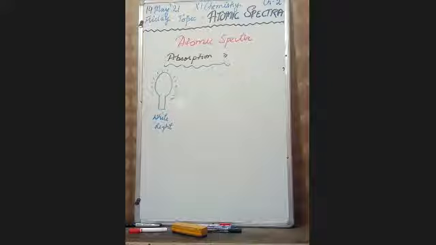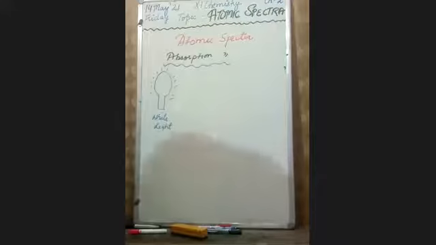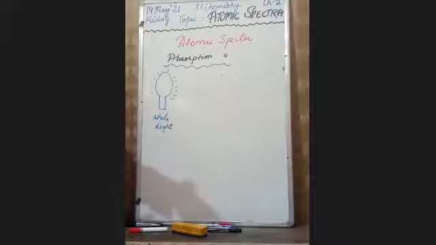Some of the energy of white light is absorbed by the matter, and the radiation which remains visible to us is our absorption spectrum. Absorption, as the name suggests, means something is absorbed. So whenever white light interacts with matter, some of the rays are absorbed by the matter.